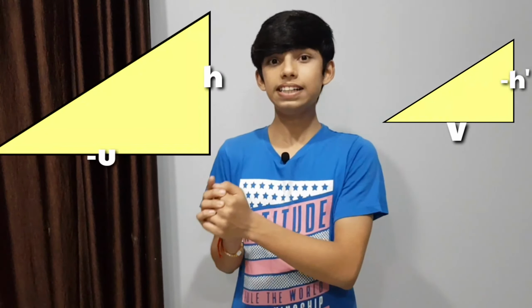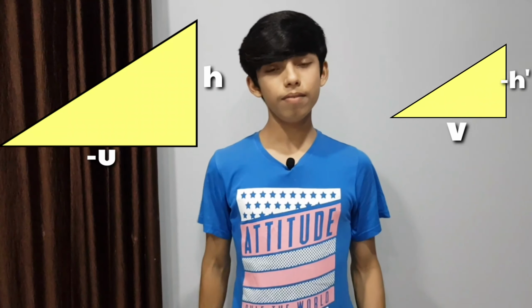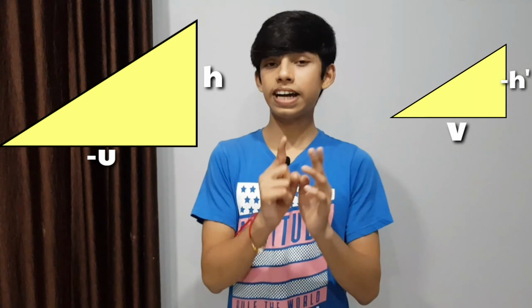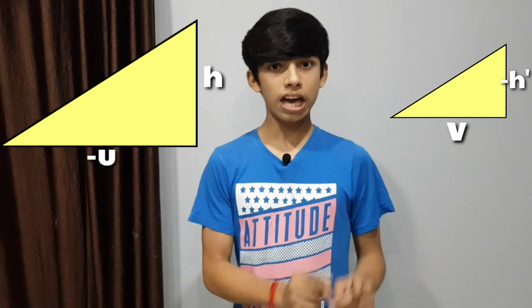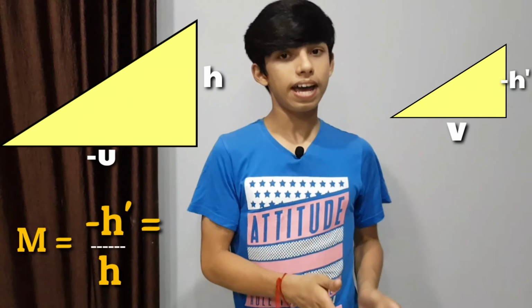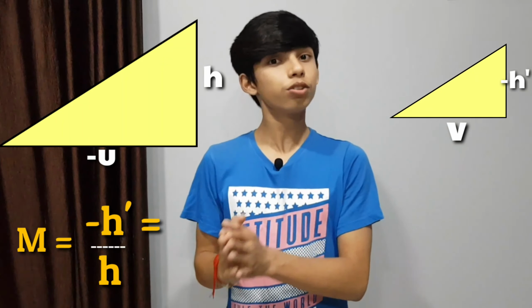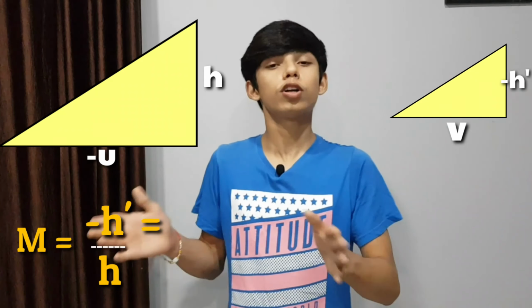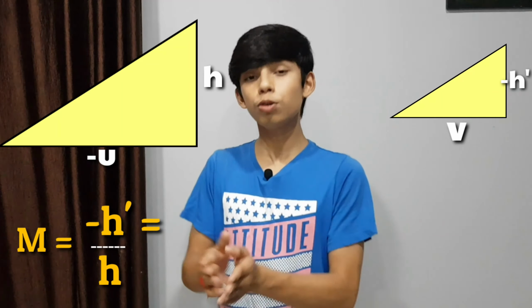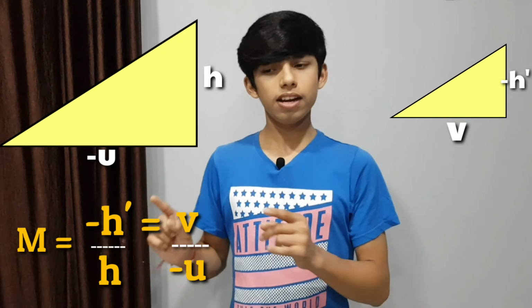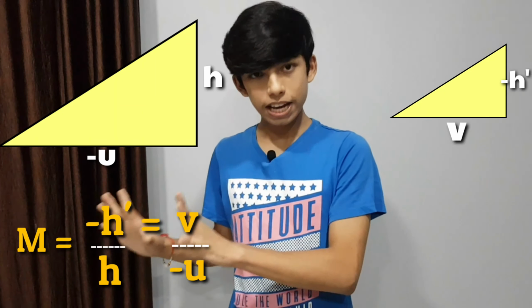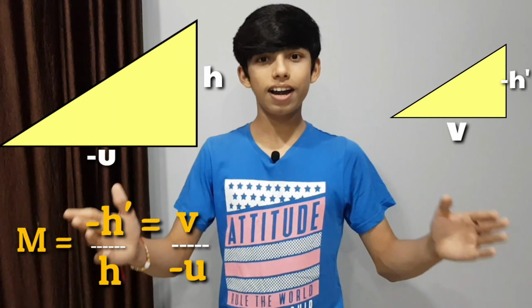So now let's take the triangles out here. Now the ratios of these sides are going to be the same, right? So we have minus h dash by h, and this is going to be equal to the other corresponding sides, so this would be equal to minus v by u. And now we don't need to go ahead anymore because here we got our answer, right?